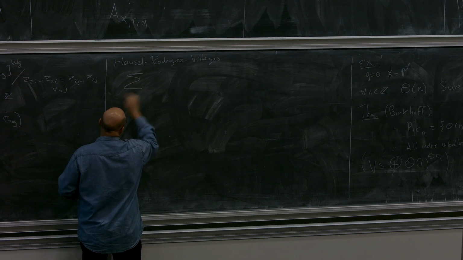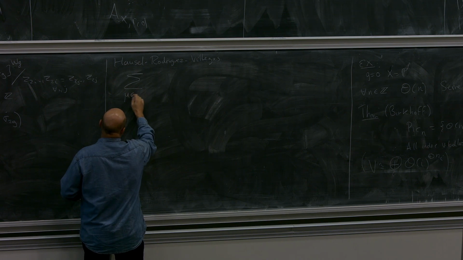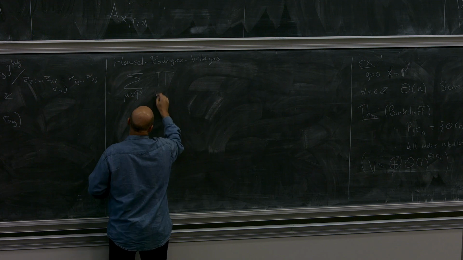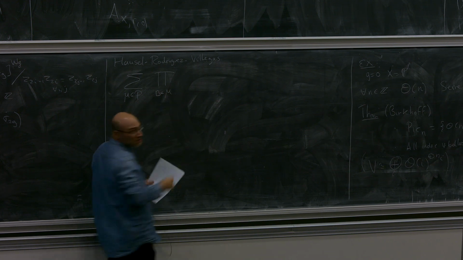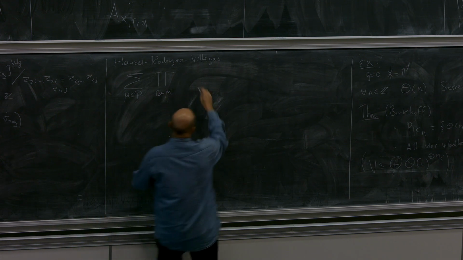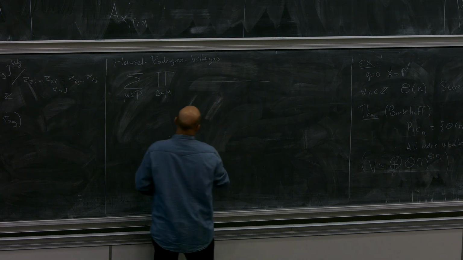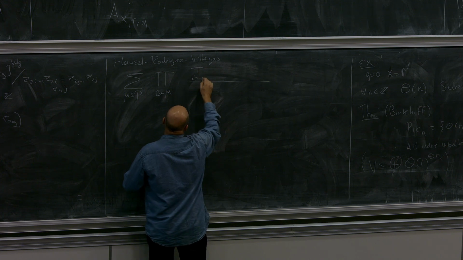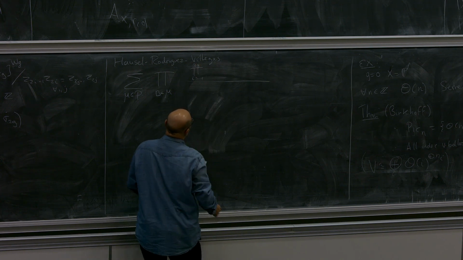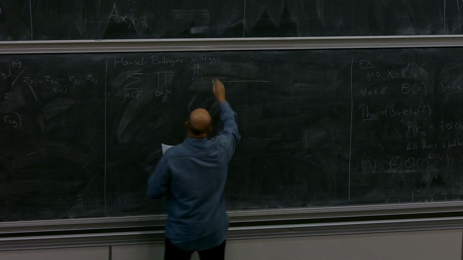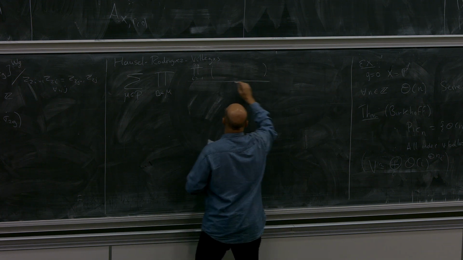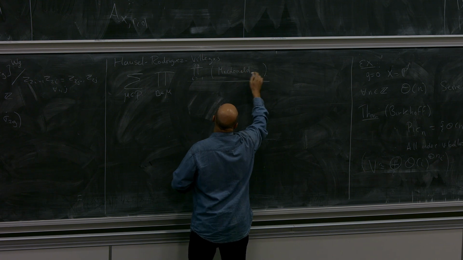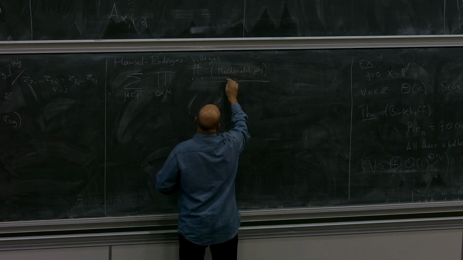You take a sum over all partitions, and you have a product over all boxes in your partition of a big ratio that is itself a product for i from 1 to 2g of some terms which look like Macdonald polynomials statistics.